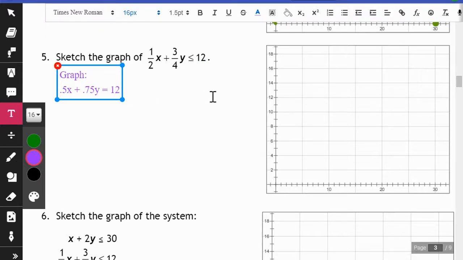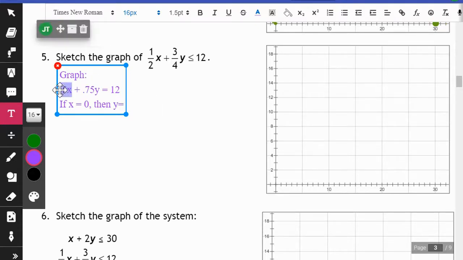Okay, so let's see. I'm going to do this one fast if that's all right. X equals, see if you can figure this out. If x equals 0, then y must be, that would be 0 here. And the answer is, divide 12 by 0.75 to get 16.